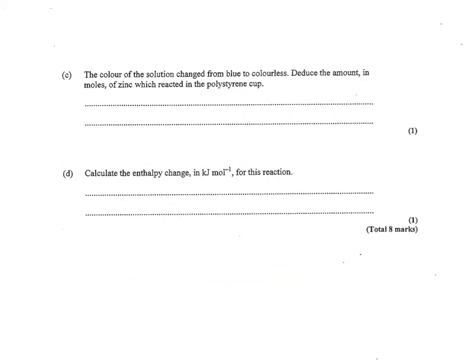And then part C says the color of the solution changed from blue to colorless. Deduce the amount in moles of zinc which reacted in the polystyrene cup. I don't know why you really needed to know the color change. I guess they're trying to give you evidence that it fully reacted. But if you look back to the balanced equation, they showed you that all the copper ion exchanges with the zinc atoms in a 1-to-1 ratio to give you zinc ion and leave copper atoms.